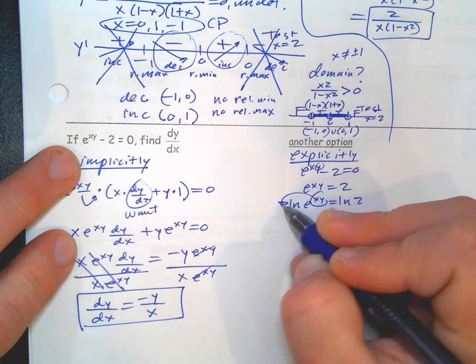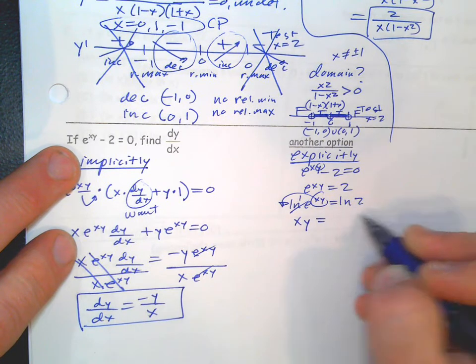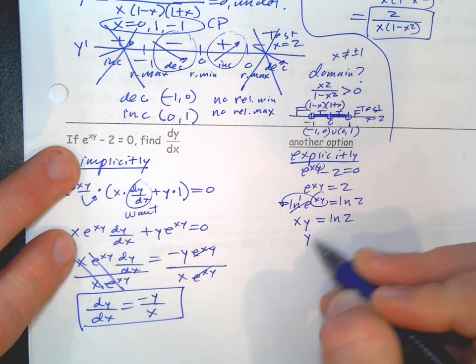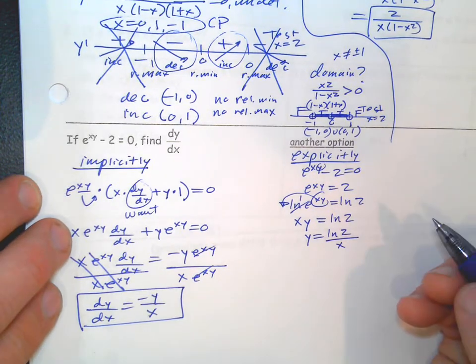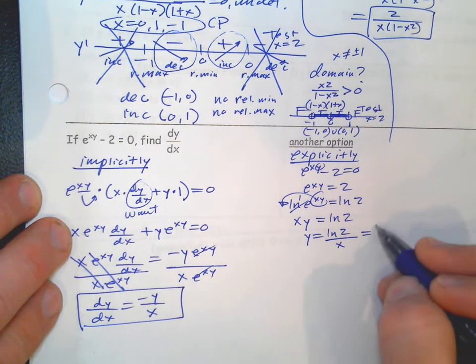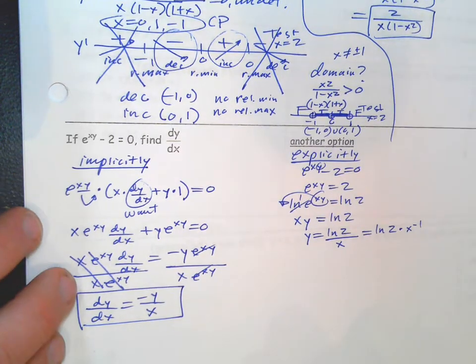Move this out front. And so you just get xy because natural log of e is 1. And then y equals natural log of 2 over x, or natural log of 2 times x to the negative 1. That might be easier so you don't do the quotient rule.